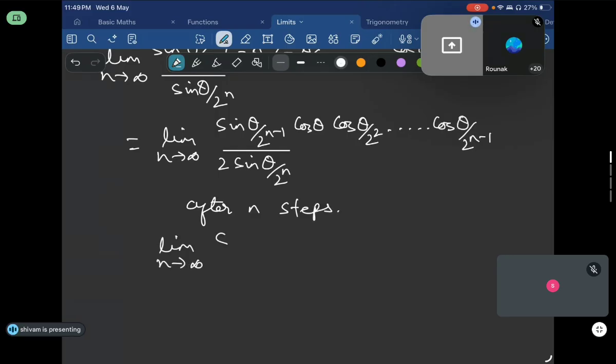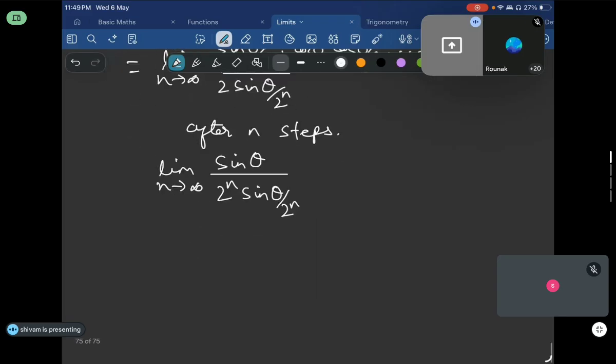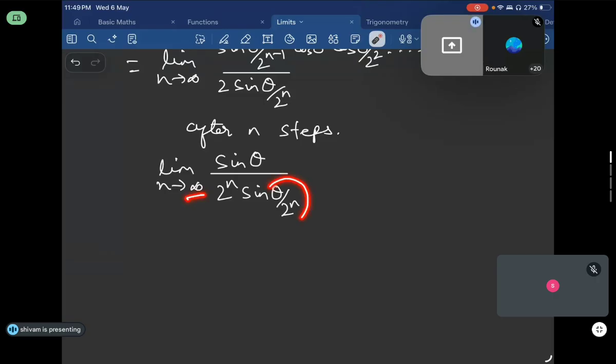You'll get sine theta in the numerator. In the denominator, you are going to get 2 to the power n sine theta by 2 to the power n. Okay. So everyone, as n tends to infinity, argument tends to 0.